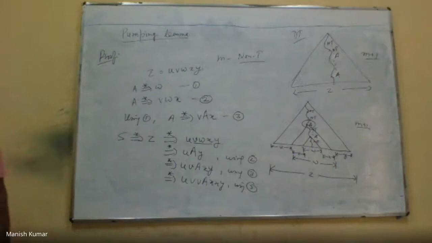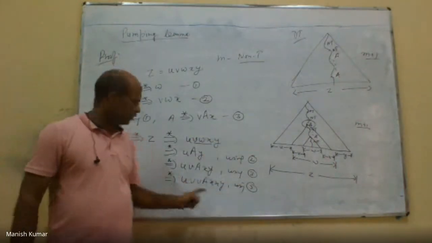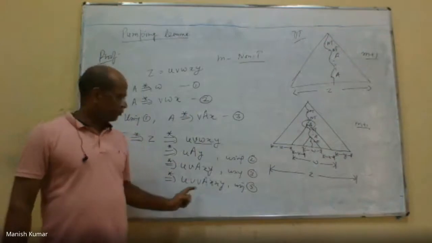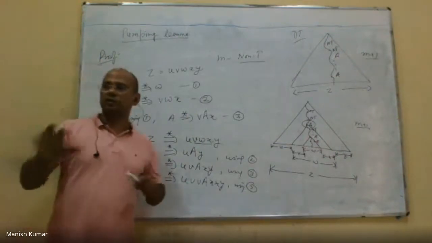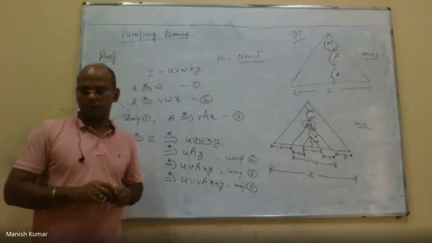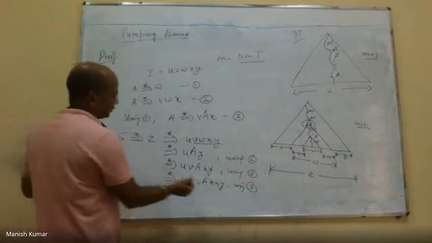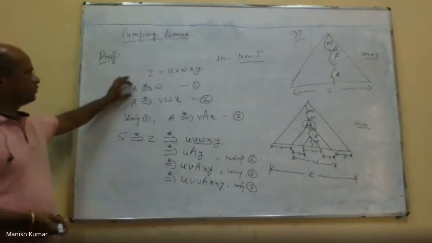So if you use this 3 i times, this can generate i times of V and X. That means you can actually pump V and X as many times as you want, isn't it? And wherever you want this to terminate, I can make use of this one.